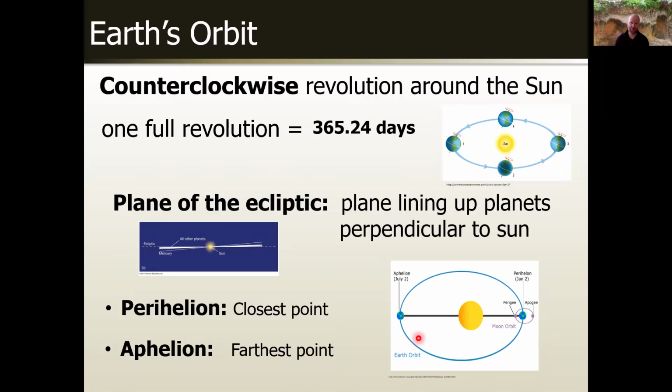I think it's really important to point out that our revolution is not perfectly circular, it is elliptical. So we have an elliptical orbit, and actually the sun is not perfectly at the center. And so there are portions of the year where the Earth is closest to the sun, called the perihelion, and the aphelion is where we're furthest away from the sun.